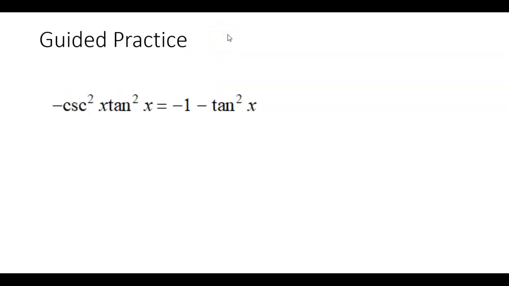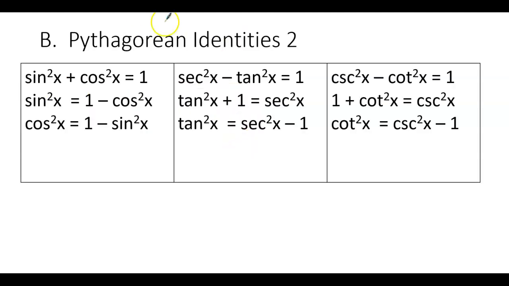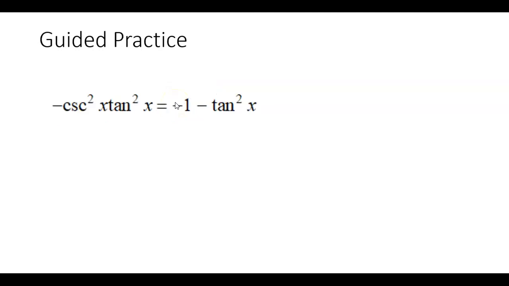So start off here. Actually, I'm going to get you started on this one because there is a little bit of a strange step in this one that's not obvious. Notice how both of these are negative. Well, that almost matches this one, tangent squared x plus 1. The problem is that both the signs are opposite.